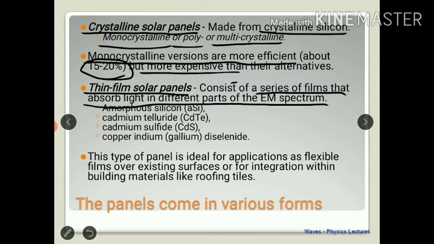If somehow we can design a system where all of these lights can fall on a semiconductor and excite the electrons to go into the conduction band, okay, that will be a very efficient solar panel.